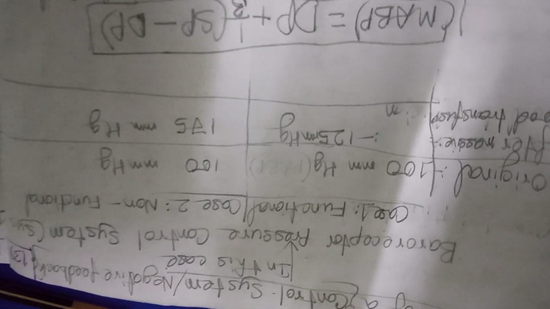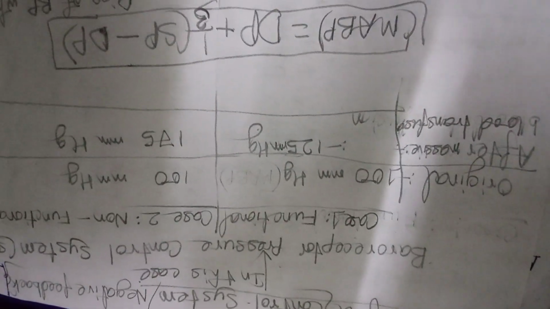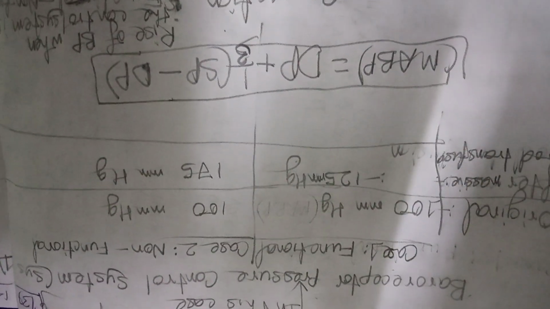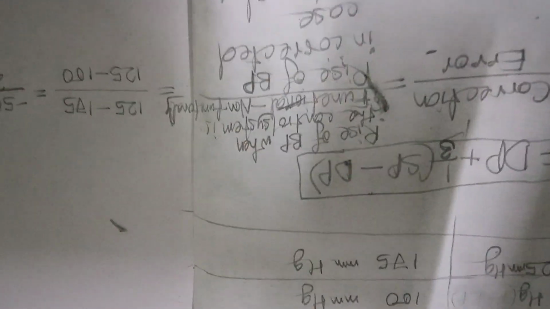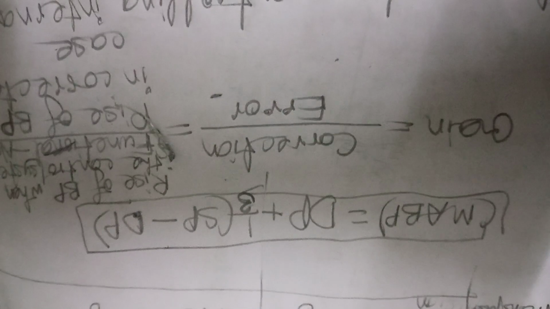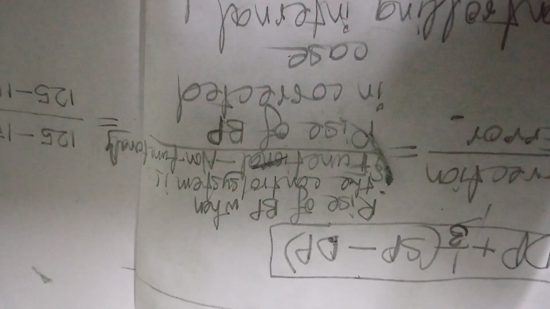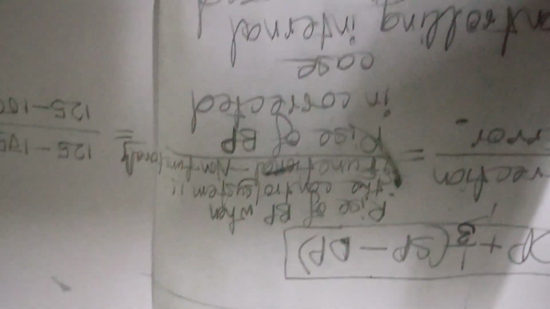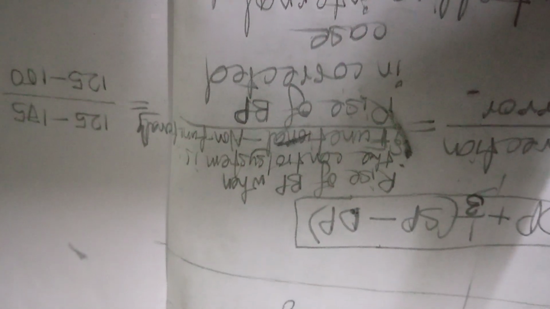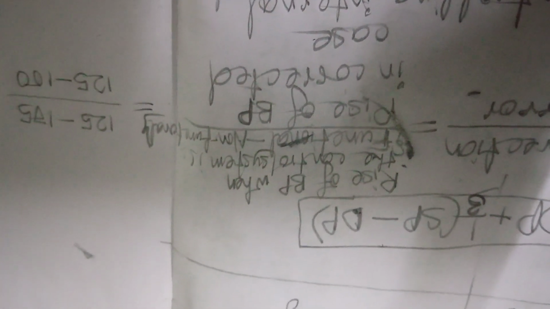In the functional case, after massive blood transfusion, the mean arterial blood pressure is 125 millimeter Hg, and when the system is non-functional, it is 175.